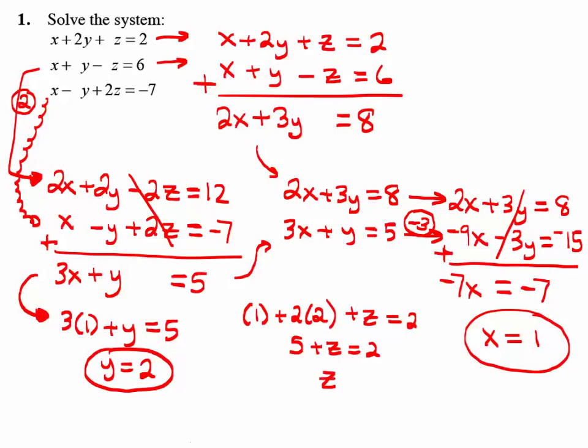Subtract 5 from both places gets you -3. There's my third variable, and now I got to write it. I always have to write as x, then the y, and then the z value. Now this is called an ordered triplet, not a coordinate pair, but a coordinate triplet or an ordered triplet.